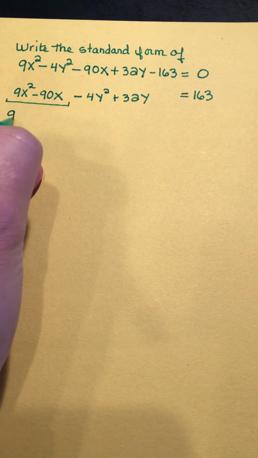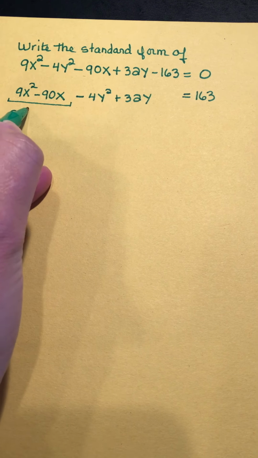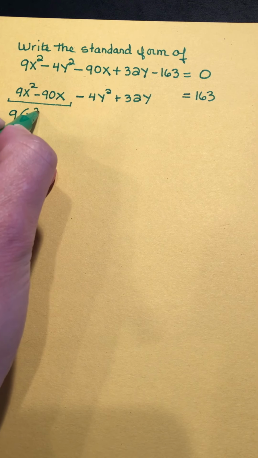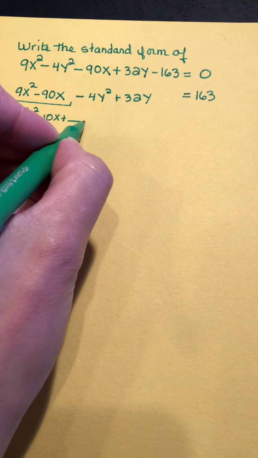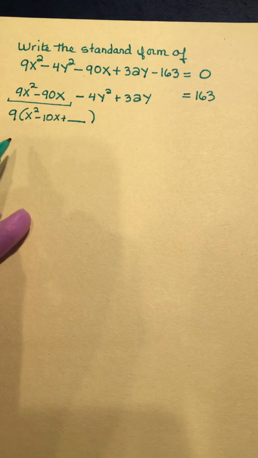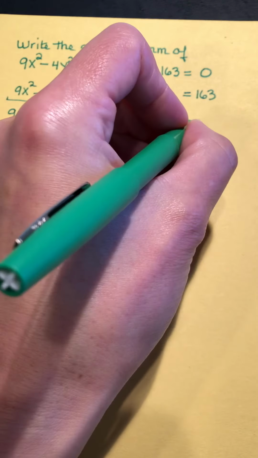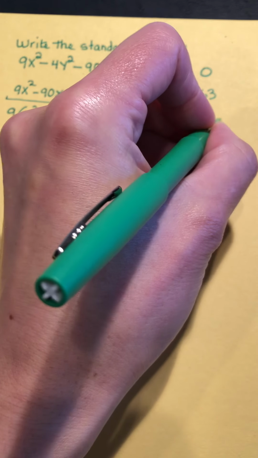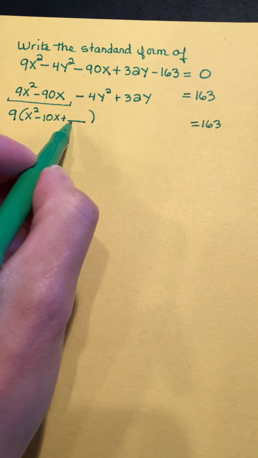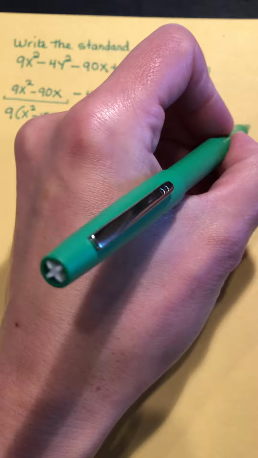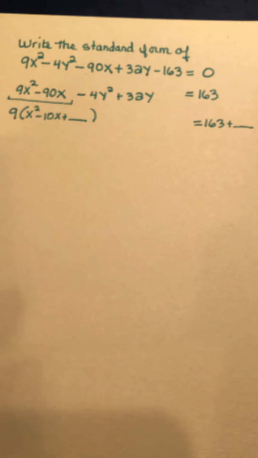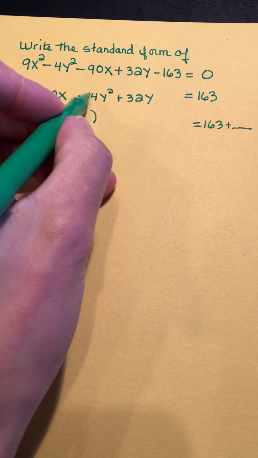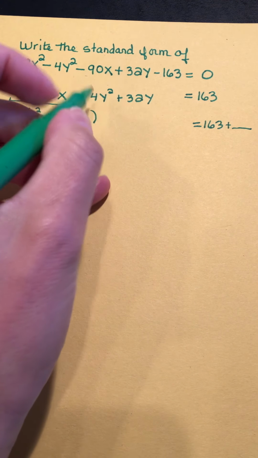This becomes 9 times the quantity x squared minus 10x, and I'm going to put a plus blank here and close the parentheses. All right, now in an equation, if I put a blank on the left-hand side, to balance it, I have to put a blank on the right-hand side. Okay, now what I'm going to do is the same thing for the y squared terms.